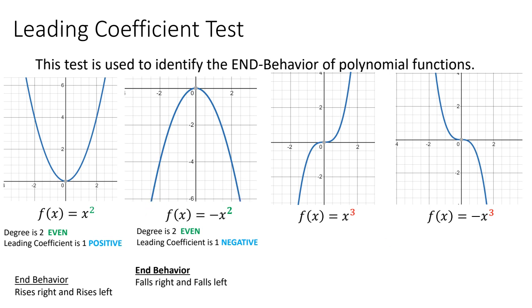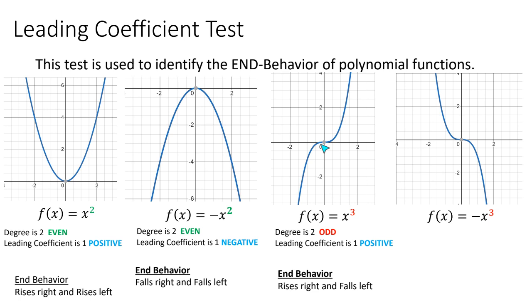So if we look at the next one, we're going to have f of x equals x cubed. So my degree there is, this should be a 3, okay guys, this is a 3 here. So the degree is 3, so that's odd. And then my leading coefficient is 1, and that's positive.